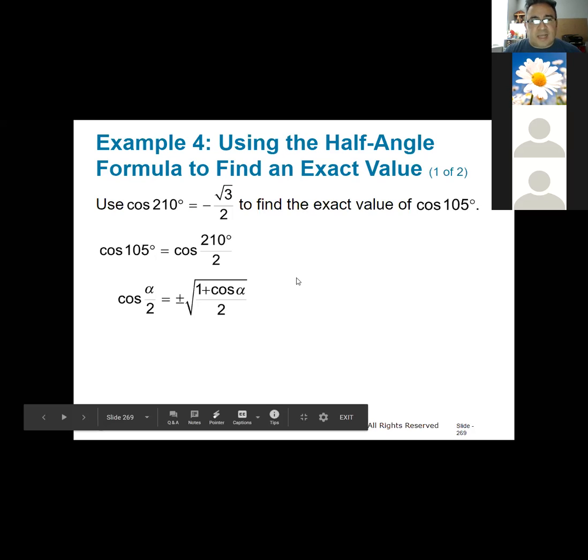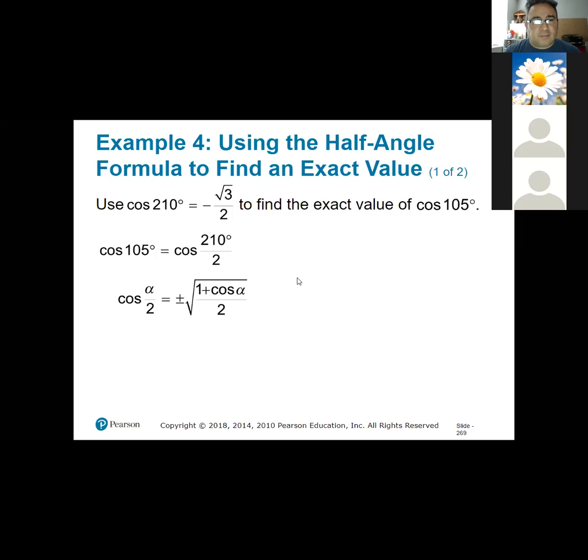What do we replace alpha with in the formula? 210. 210, right? So it would be 210 over 2 is equal to, so should it be a plus or a minus?